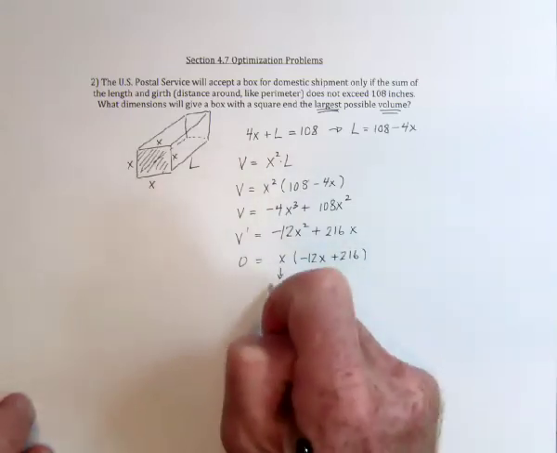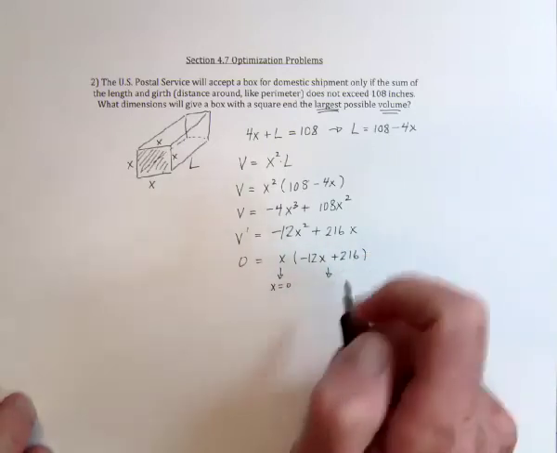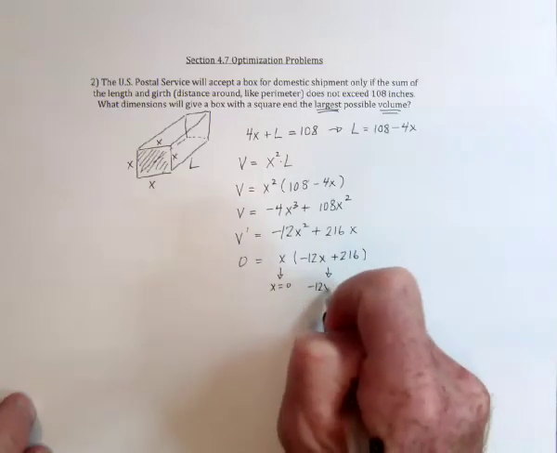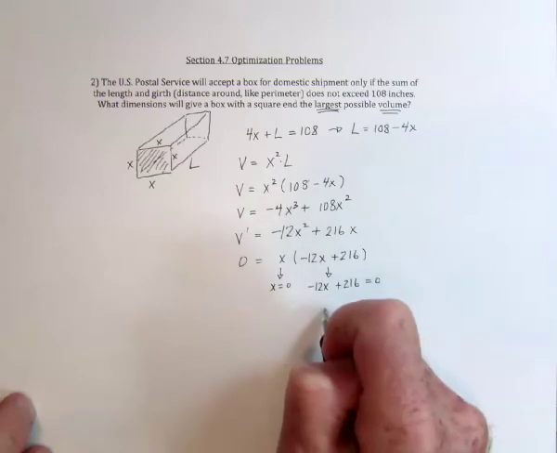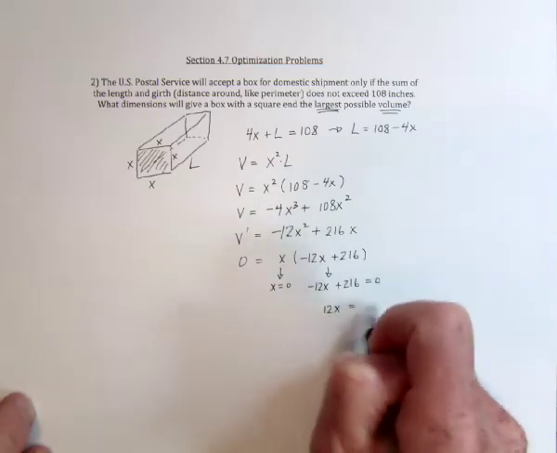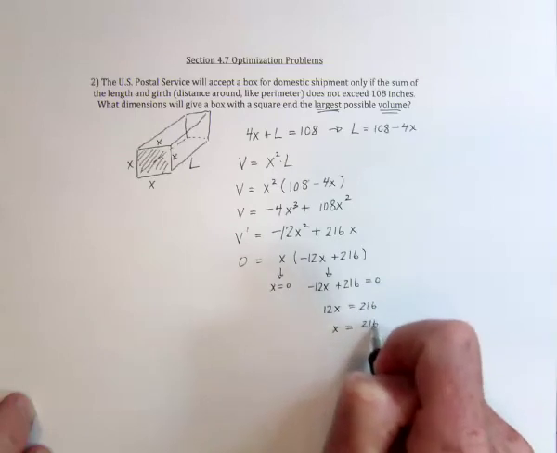So this one would be x equals 0, which makes a very small box. And this one, let's see, negative 12x plus 216 equals 0 means 12x equals 216. So divide.